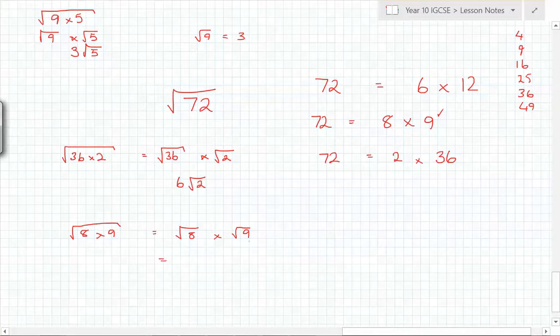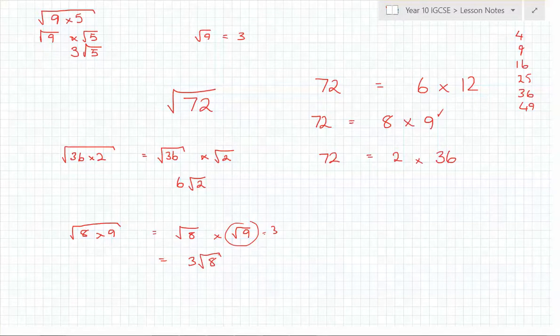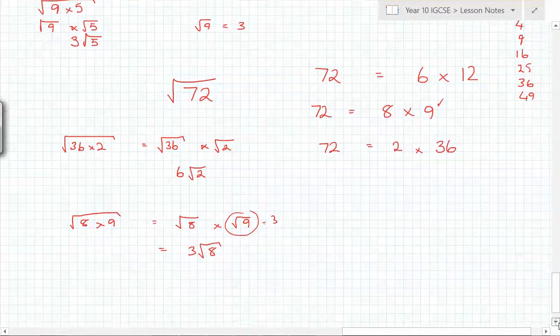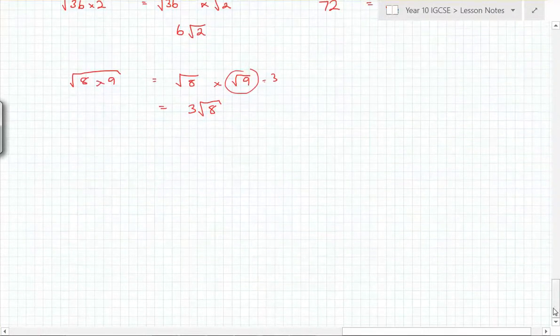The square root of 9 is 3. So at the moment I've got 3 root 8. But that is not as simple as it can be, because we know the answer should be 6 root 2. Can anyone spot how I could go further from this point?